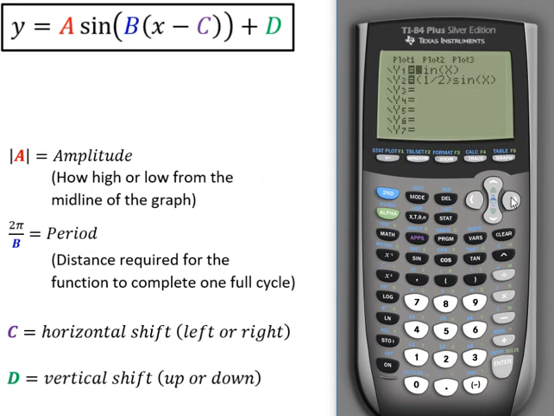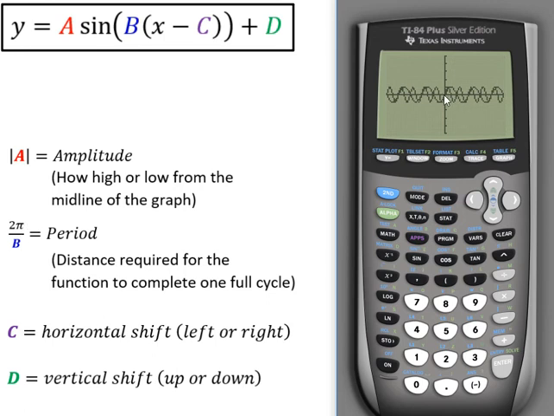Now the period changes things a little bit differently as well. Let's do sine of 2x. Make it real simple. Graph. So there's our original function, and now we're going to take that period and divide it by 2, because 2 pi over 2 is just going to leave me with pi.